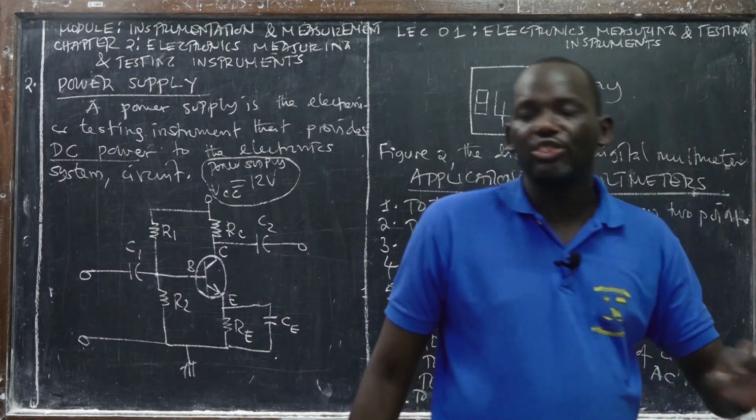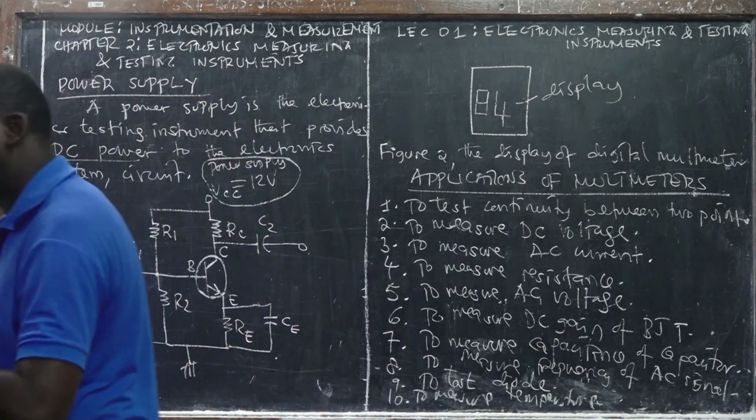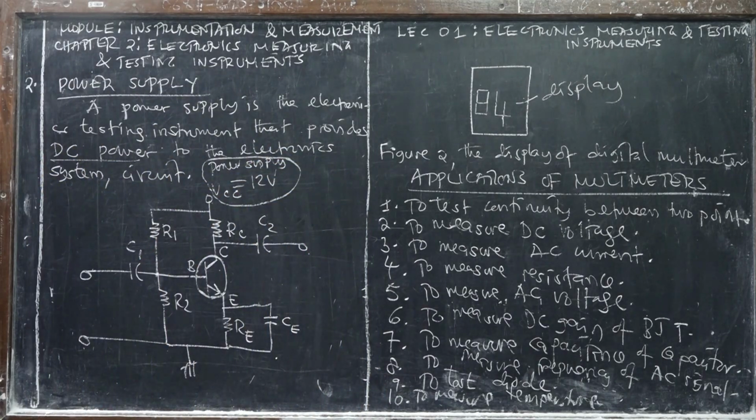When it operates as a switch, you have the cutoff and the saturation point. Do you remember? We discussed load lines. For those who have come from A level, they remember that. Once you bias the transistor to operate in the active region, not saturation or cutoff, then you need to supply the signal.